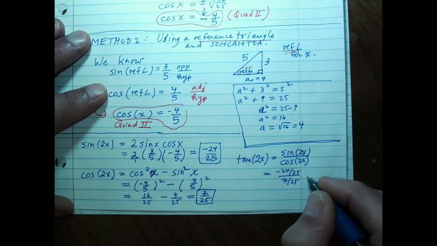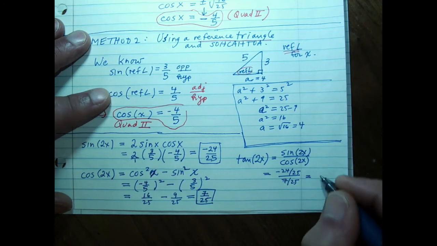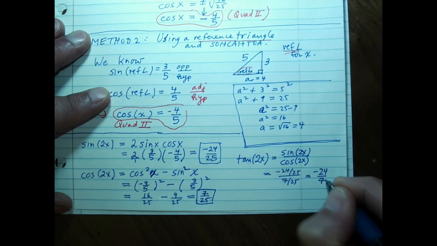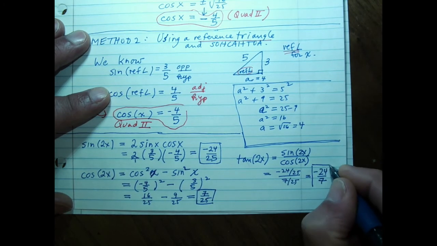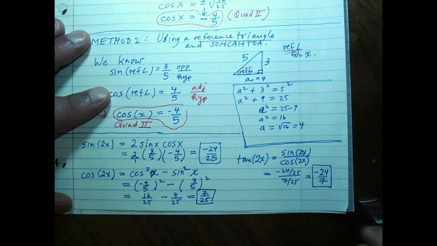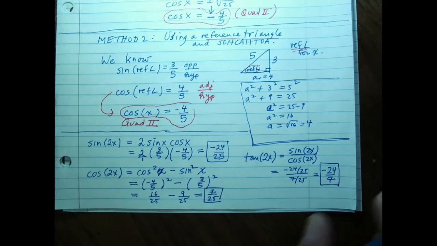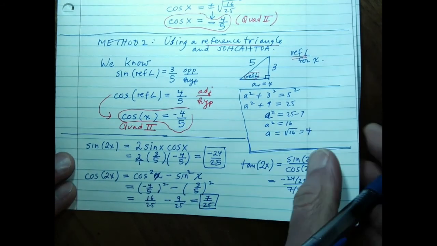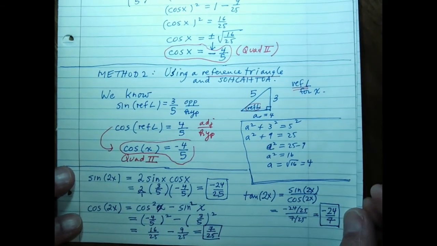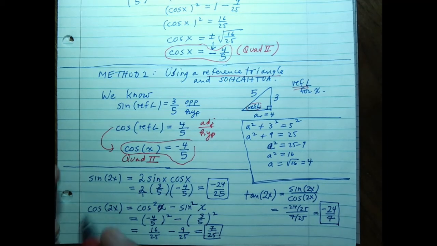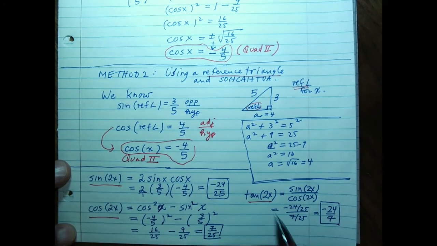The 25 is going to cancel when I divide, and I end up with negative 24/7. I get a negative value for tangent. That makes sense because I'm in quadrant 2. Tangent should be negative.